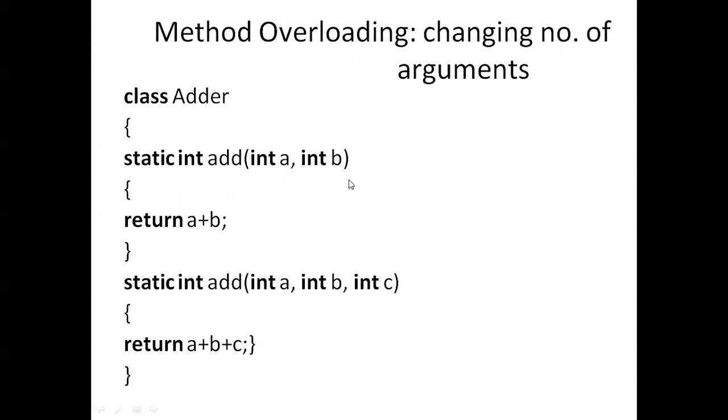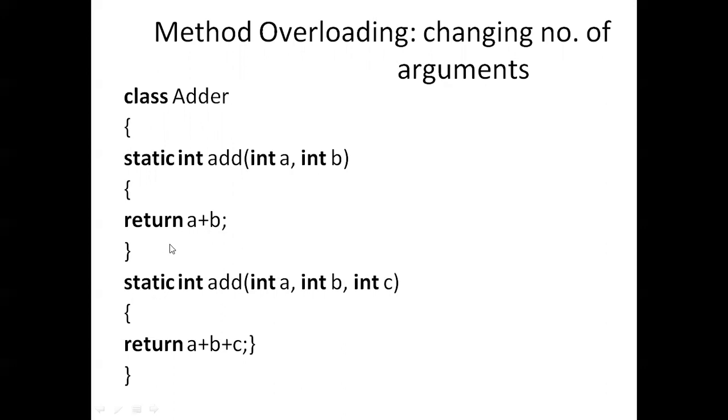In this method, I am passing two parameters, that is arguments, int a comma int b. One is a, another one is b, and for that I am giving the integer data type. For the return value, I am returning a plus b.